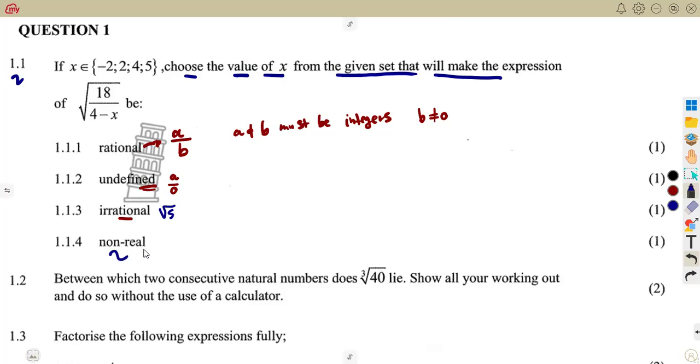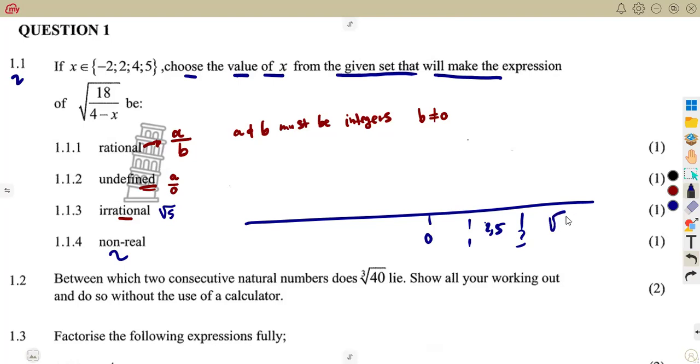The non-real, mathematically, we cannot simplify that in terms of the real numbers. We can evaluate real numbers. They are on a number line. Is it a whole number that we are talking about? 1, 2, 3. Are they decimals? 2,5, whatever you have, guys, even the square root of 3, as long as it can be simplified even on a calculator, that is part of the real numbers.